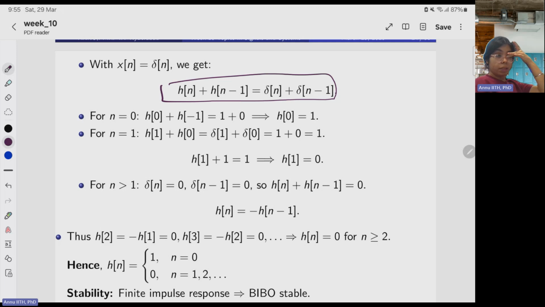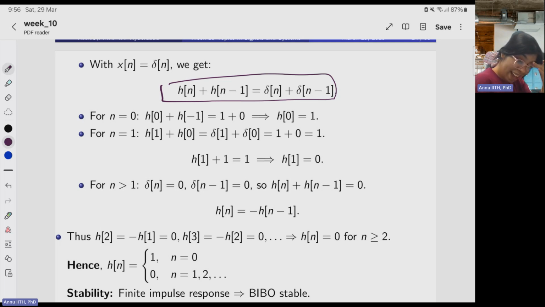Then h of 2 is equal to minus h of 1 is equal to 0, h of 3 is equal to minus h of 2 is equal to 0. Then h of n is equal to 1, 1, 0. It is a finite impulse response, since it is nonzero only for n equal to 0 and 1, which is leading to BIBO stability.